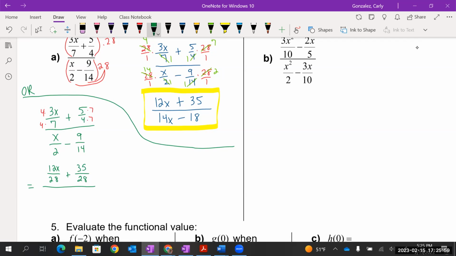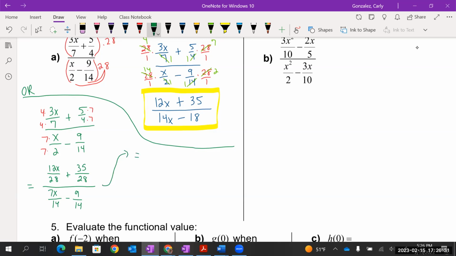The common denominator between 2 and 14 is 14. On the bottom left, we multiply top and bottom by 7. On the bottom right, we already have our fraction in terms of 14, so we just get 9 over 14.